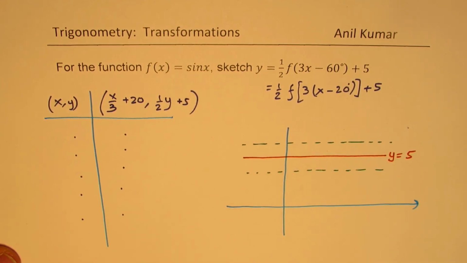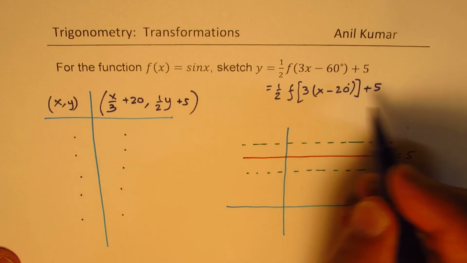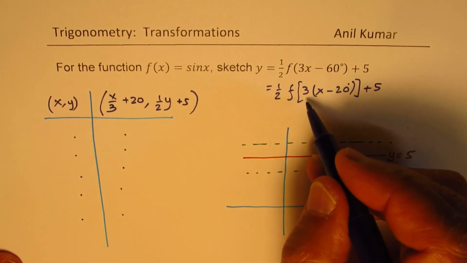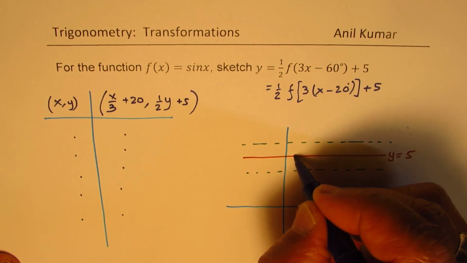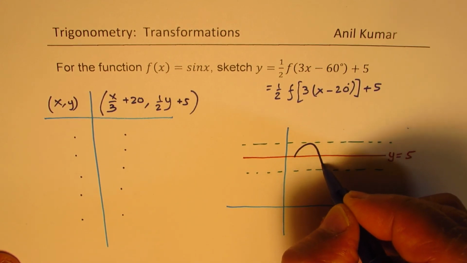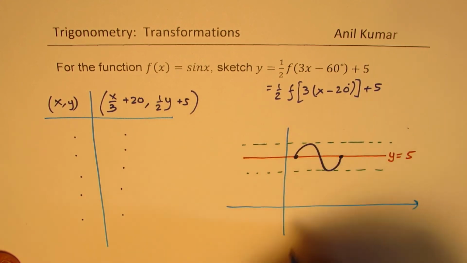And what you also notice is that it has shifted 30 degrees to the right, and the 3 means the time period has been squeezed horizontally by a factor of 3, right? So you have a wave which is like this. Do you see that? So that will be your wave.